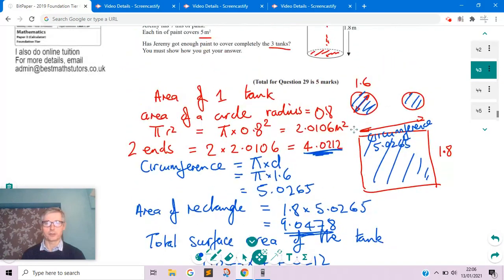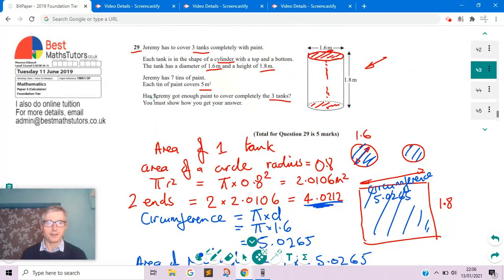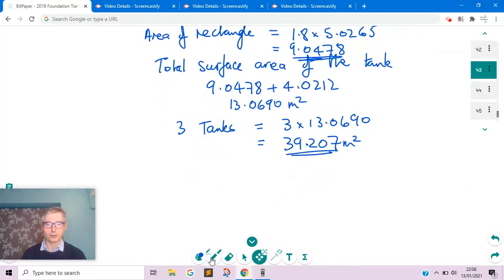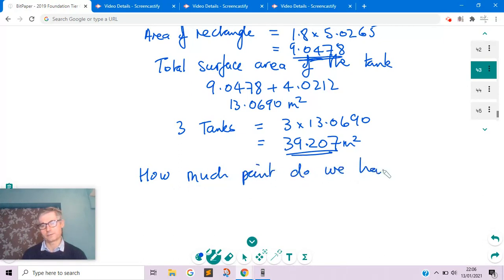So let's have a look if we have enough paint. So how much paint have we got? Well, we've got 7 tins, and each tin is going to cover 5 meters. So how much paint do we have?